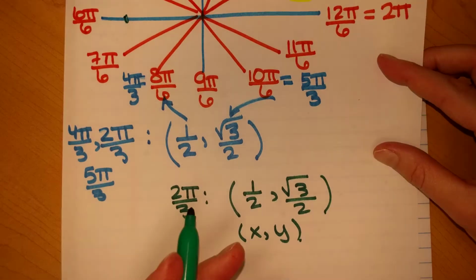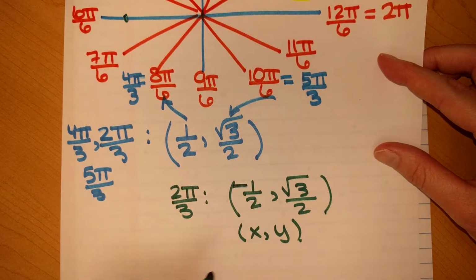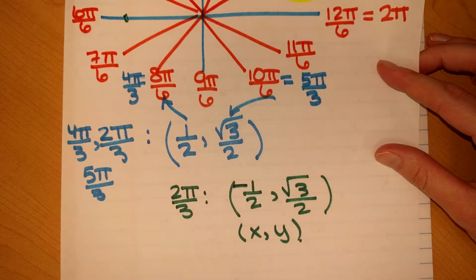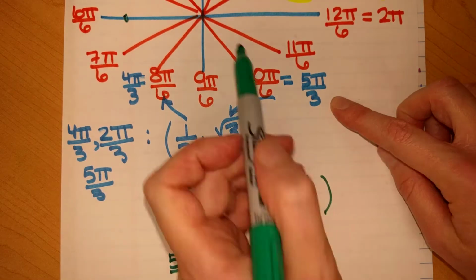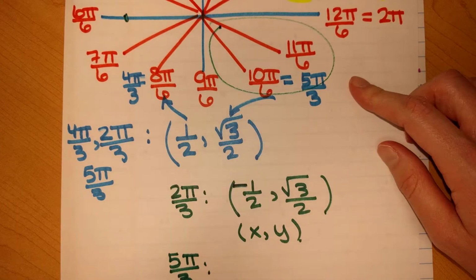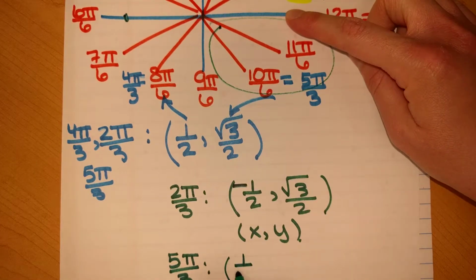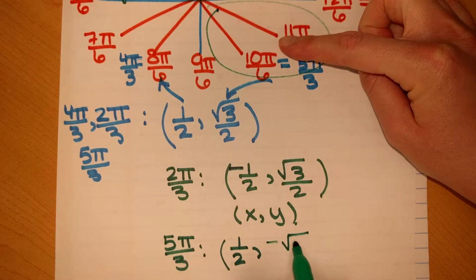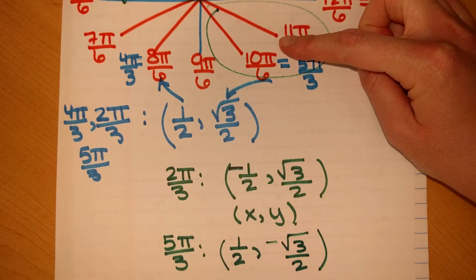So that would tell us that we would have a negative 1/2 and a positive square root of 3 over 2. Now, if you compare that to, let's say, 5 pi over 3, 5 pi over 3 is in quadrant 4, and in quadrant 4, x is positive, so you'd have a positive 1/2, but the y value is negative, so you'd have negative square root of 3 over 2.